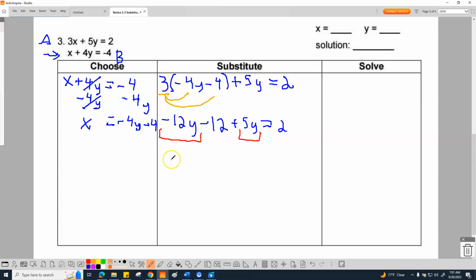That would end up being negative 7y, minus 12. And if you're wondering, where does that negative 7y come from? The negative 7y came from the red. So when you put those together, it looks like that. So now we're going to go ahead and bring down the right side, which is equal to 2.